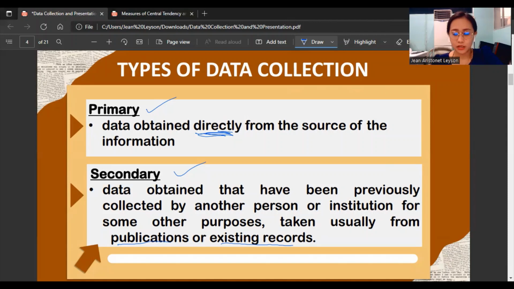Let's say, for example, you read a certain book and you quoted that author. That is secondary data. If you went to the barangay and asked for a certain type of data which they have collected, that is also secondary data.